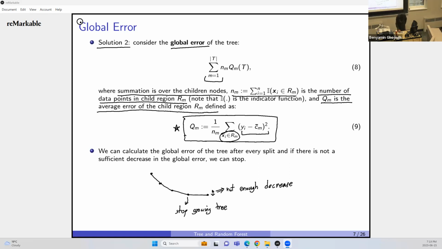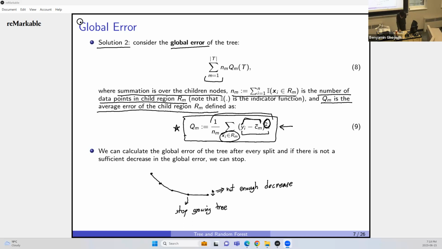And this basically says what the average error, or the mean squared error, is. Why? Because this is the mean, this is the squared, and this is the error. So this is the mean squared error of the labels in the region Rm, the child Rm.